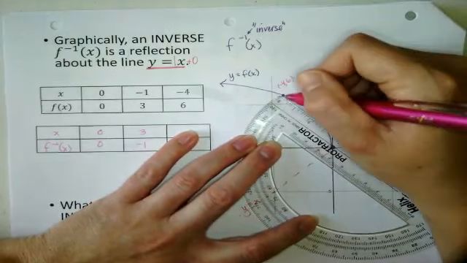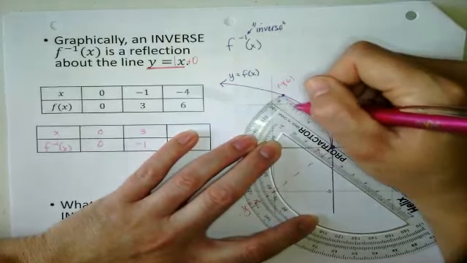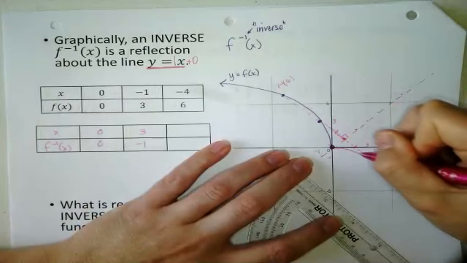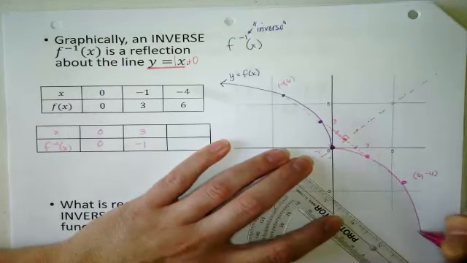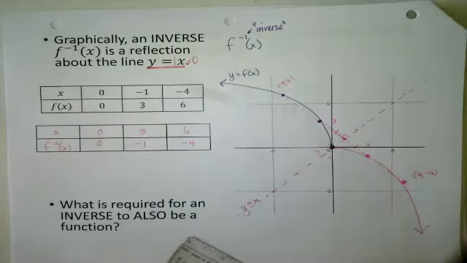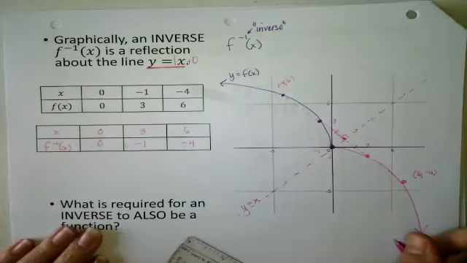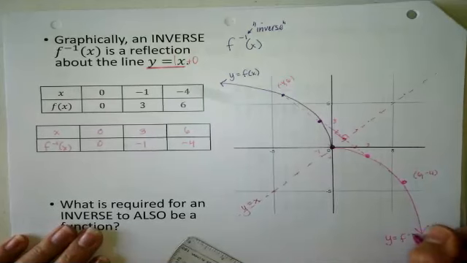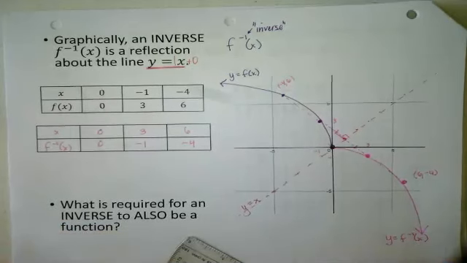Okay, if it were to go exactly perpendicular to my line of reflection, then it pops out right here, which happens to be the point 6, negative 4. And so if I were to connect these, it looks something like this, kind of interesting. So what's happening here when we have this is y equals f inverse of x, all right?